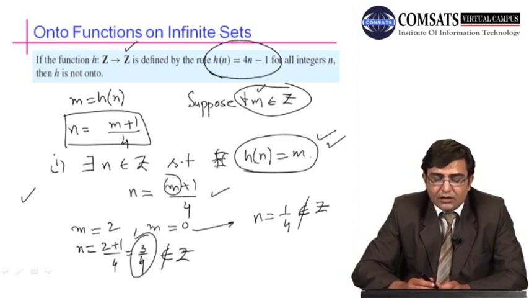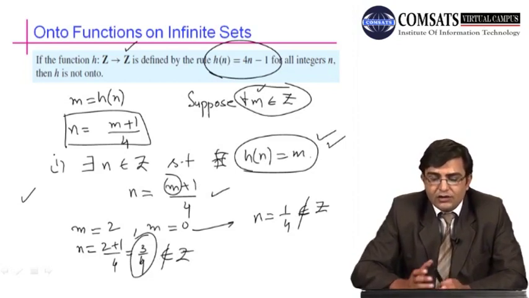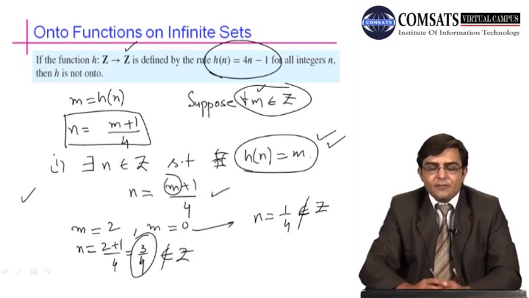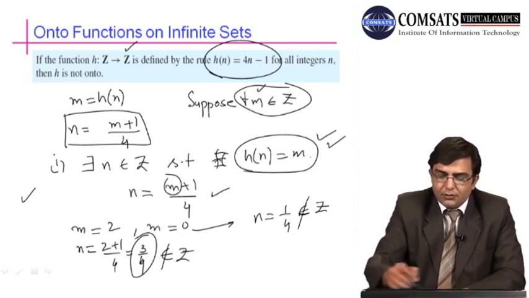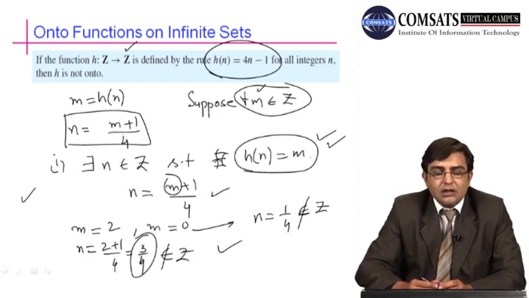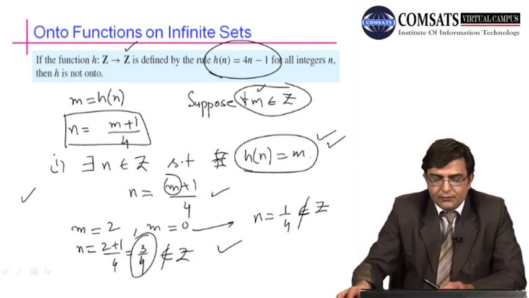So therefore we doubt here that this function is not onto. We doubt. Now we shall try to find some counterexample which confirms our doubt. Or you can say that if there is some problem here, you can claim that this function is not onto, and then to prove our claim we shall try to find some counterexample.